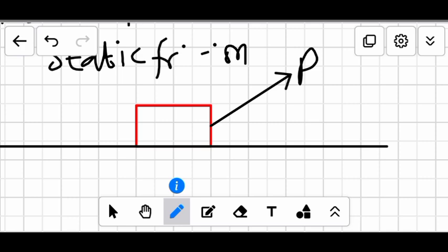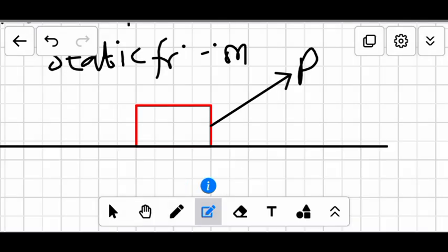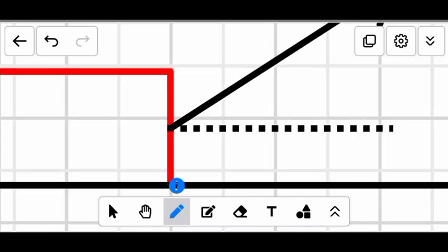Now one thing about this force is that, don't forget, you would have the mass of this block. So now let us look at the angle at which the force P is acting. If we consider the angle force P is acting, we can consider that angle in this direction.